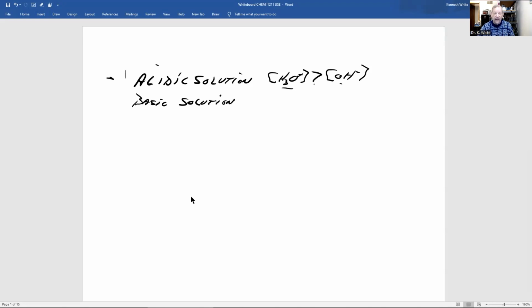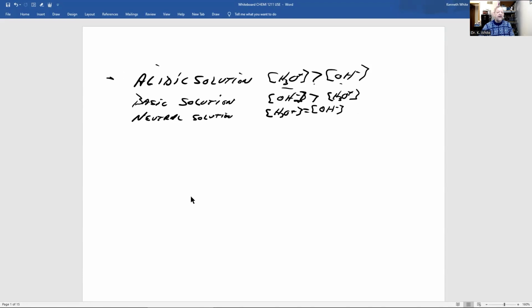And by the way, this is aqueous solutions only. For a basic solution, the hydroxide is greater than the hydronium. And for a neutral solution, the hydronium ion is equal to the hydroxide ion.